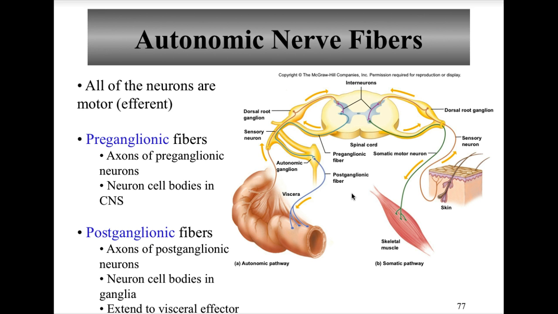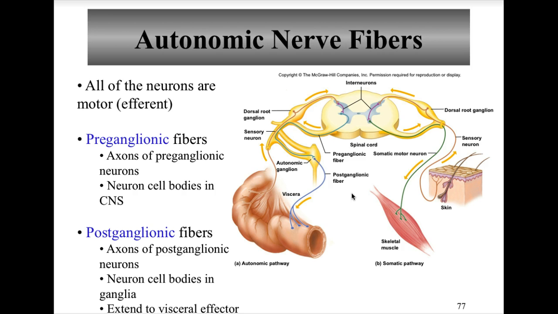The synapse between the neurons occurs within a ganglion. Basically, a ganglion is a collection of neuron cell bodies outside the central nervous system. Effectors are smooth muscle, cardiac muscle, and glands. You have the two divisions, the sympathetic and the parasympathetic.